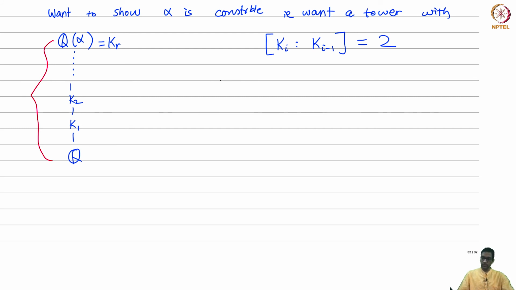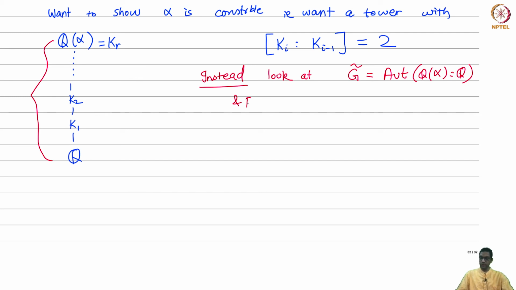So instead, let's look at the level of the Galois group instead of subfields. Consider the Galois group G tilde of Q alpha over Q. Now what do we know about this? We'll produce a chain of subgroups.